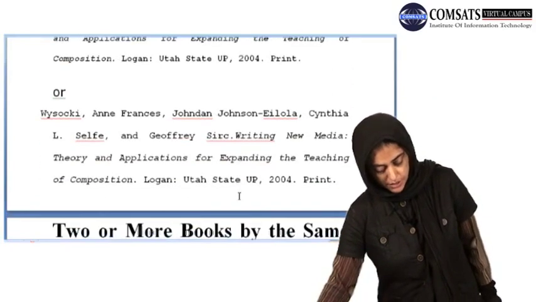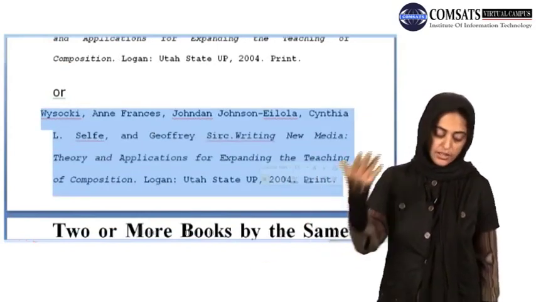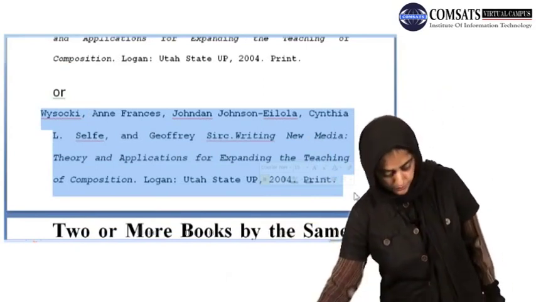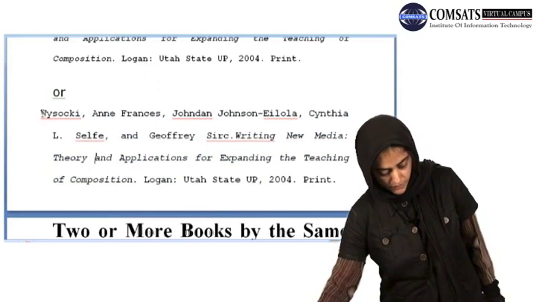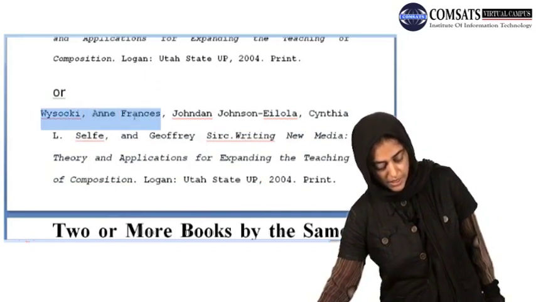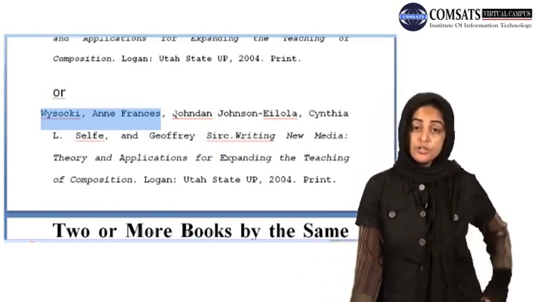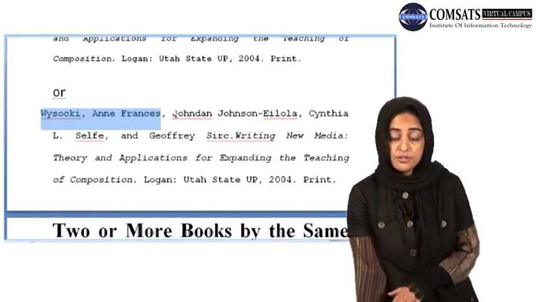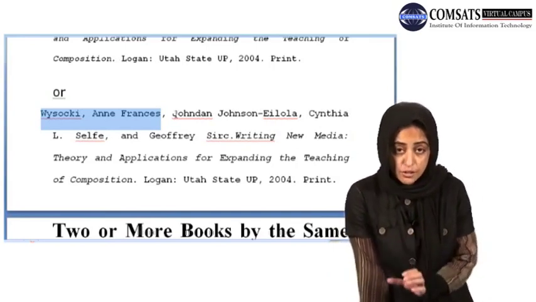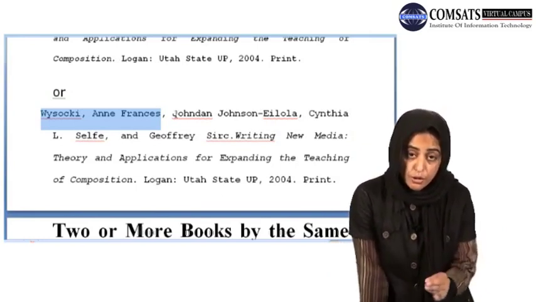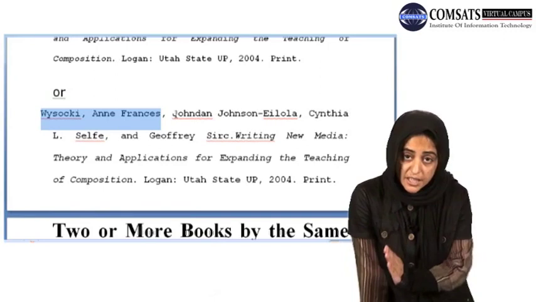Okay, dear students. Then the other way is, if you want to mention the names of all the writers, you can go for it. Kindly have a look at the screen. Wysocki, comma, A. N. Francis, this is the first name, following the last name first name format. As I told you, when you will be creating the reference for more than one author, only the first author's name will be following the last name first name format, the rest will be following the first name last name format.